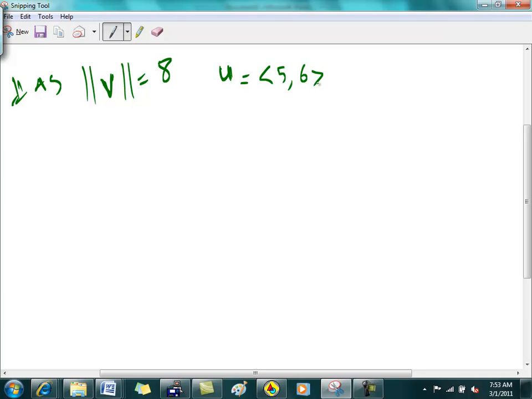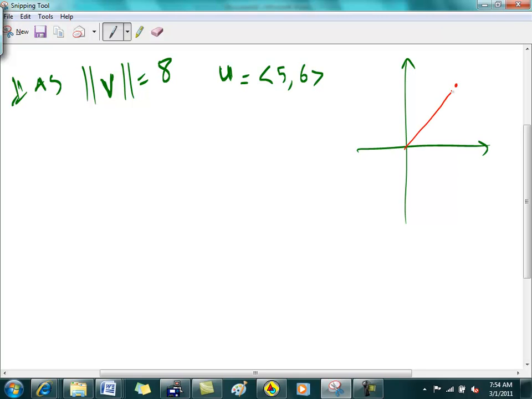That looks like black out there, right? Doesn't look like green. I'm going to change that color again. Does everybody understand what they're asking you to do? Pictorially, say we plot the U vector. The U vector is going to look like 5 this way and 6 up that way.